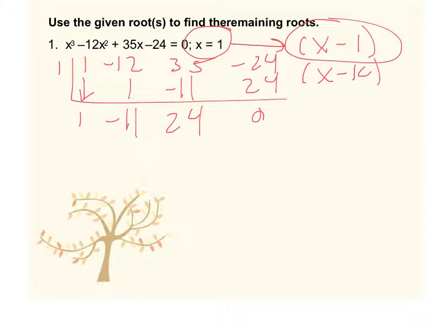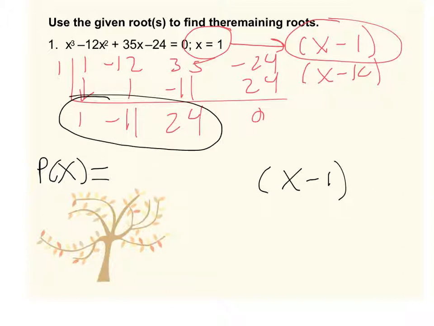But here's what we also did. That's the much bigger deal. P of x, which I'm calling our original third degree polynomial, could be broken down into two factors. I just verified that x minus 1 is a factor, and now I'm very interested in what I had left over.